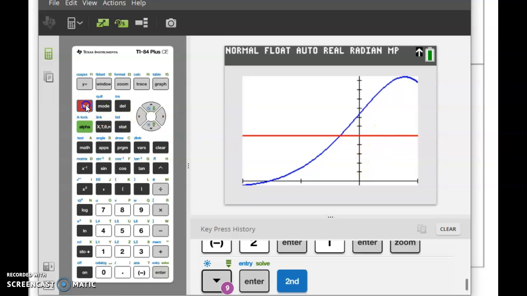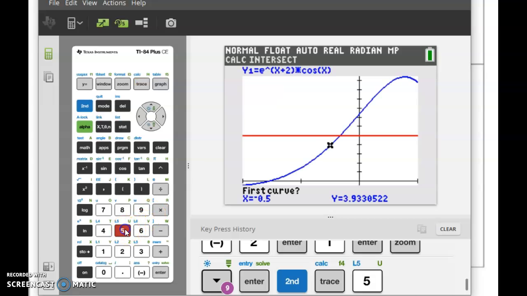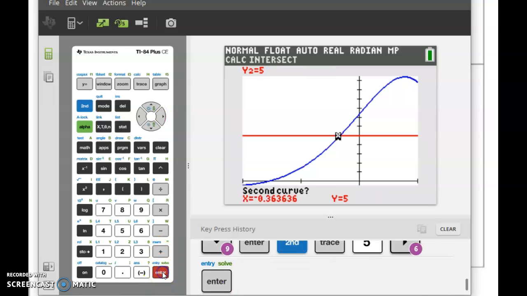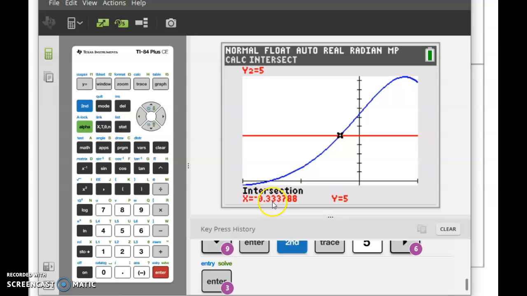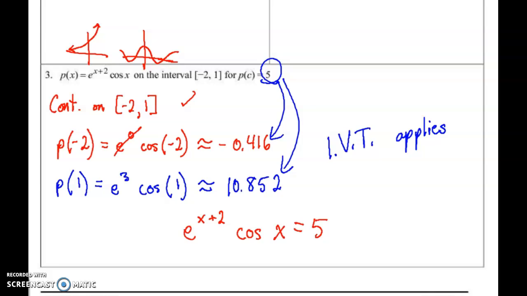So now you can hit second trace, it will calculate. I'm going to hit 5 for the point of intersection, and then just scroll over to where you're looking for and hit enter 3 times, and you can see it's about -0.334 when we round to those decimals.